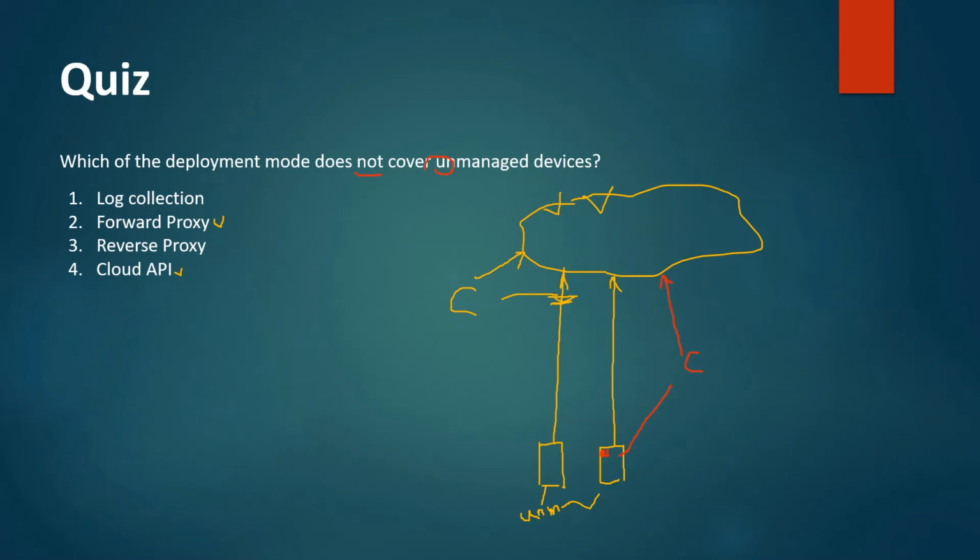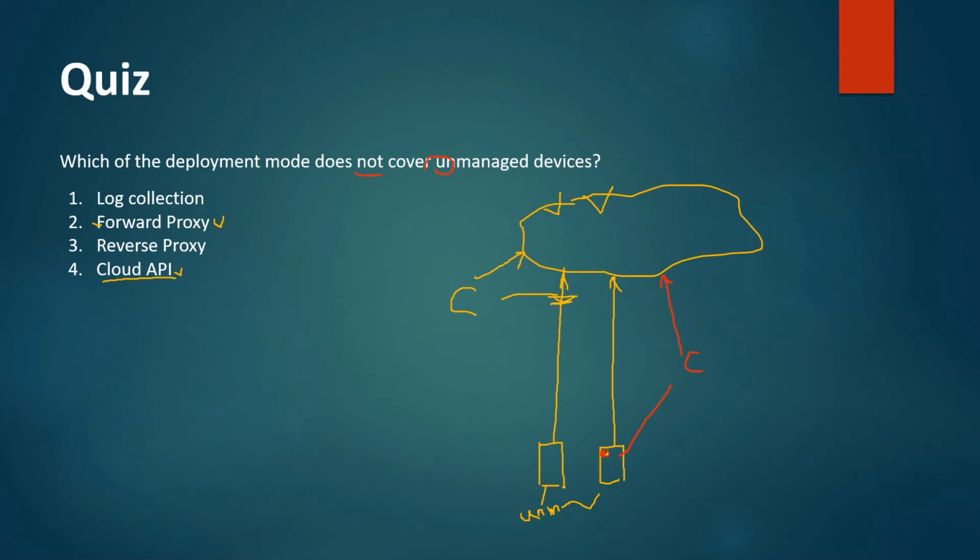And though it is true that Cloud API does not cover the cases where device profiling and device-sensitive controls are required, it can still cover the majority, like data protection and threat protection. While in forward proxy, since the only way to go through CASB control is from the agent or the pre-configuration there, without that set in place, the flow just goes straight, bypassing CASB.